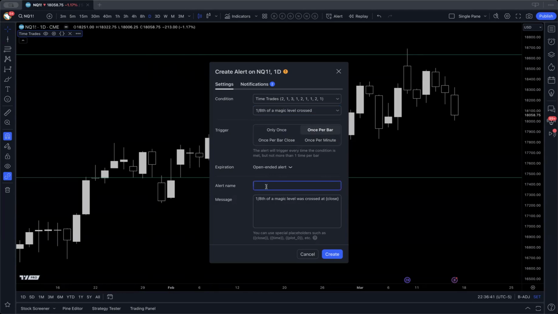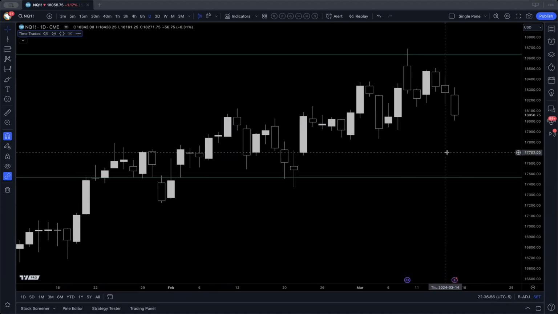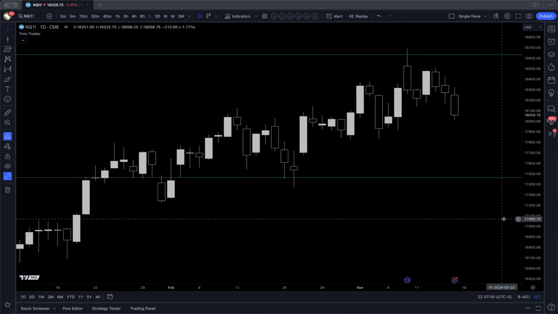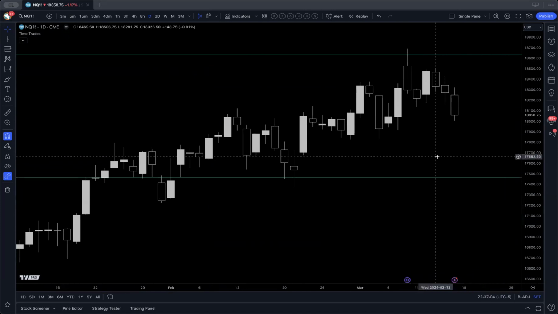Alert name, 1/8 of ML crossed, and hit create. Now I will be alerted on my mobile device or in the web app or in the desktop app when that alert is triggered, okay?